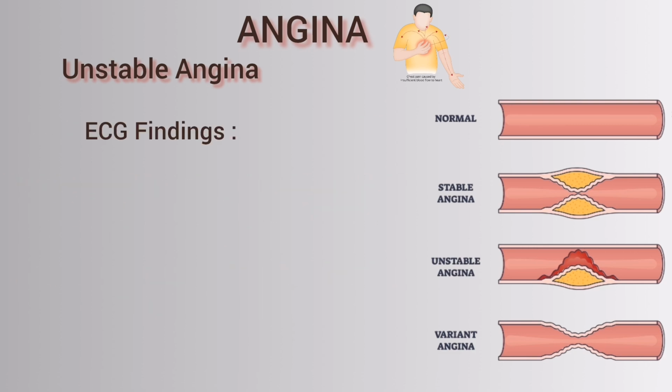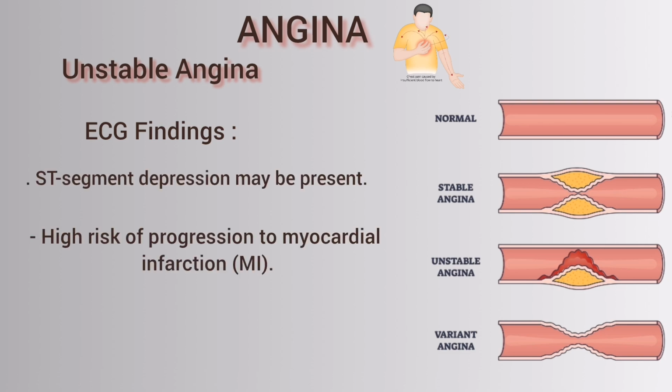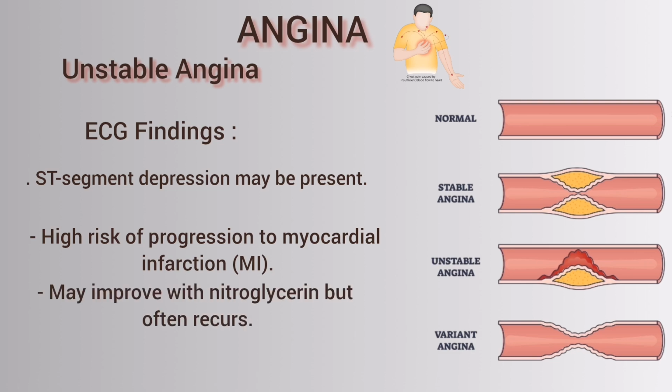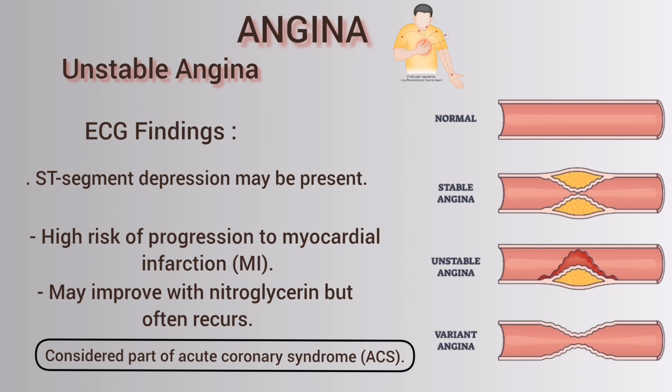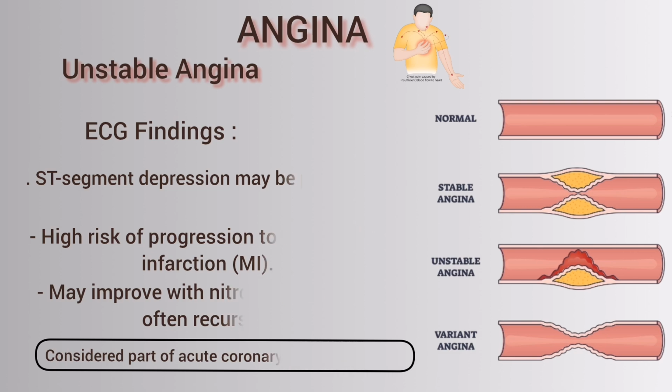The ECG finding in this case is that ST segment depression may be present. There is a high risk of progression to myocardial infarction in this case. The pain may improve with nitroglycerin but often recurs. Unstable angina is considered part of the acute coronary syndrome.